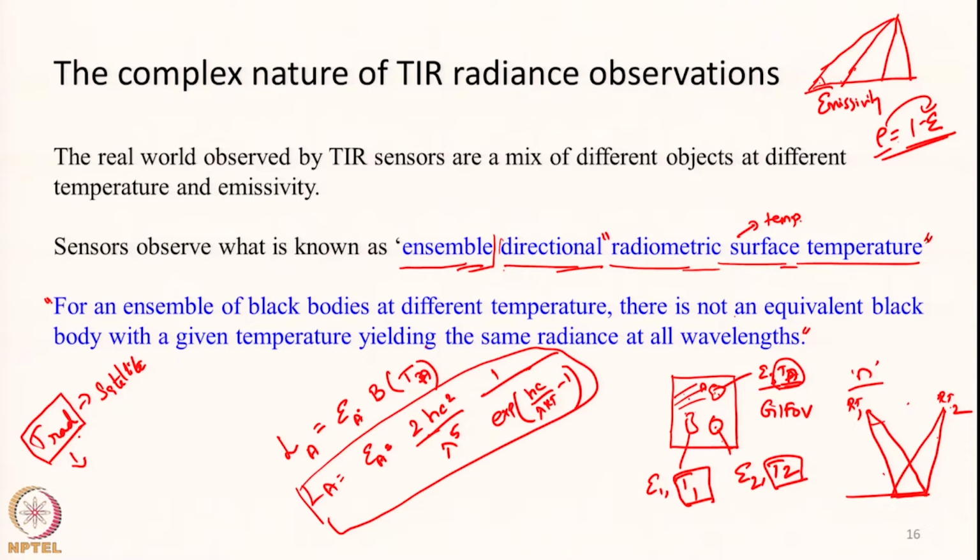Let us say, for the sake of simplicity, we have 2 black bodies within one particular GFOV. For very simple sake I am saying a given area is occupied only by black bodies, that too only 2 black bodies, or let us even start with just one black body. For example, say one big area has only one black body, and a satellite is observing it.